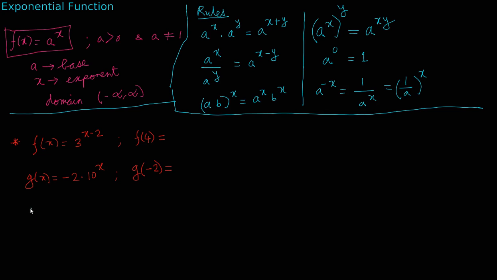Then let's say I have another function h of x equals 1 over 9 power x, and we need to find h of negative 3 over 2.